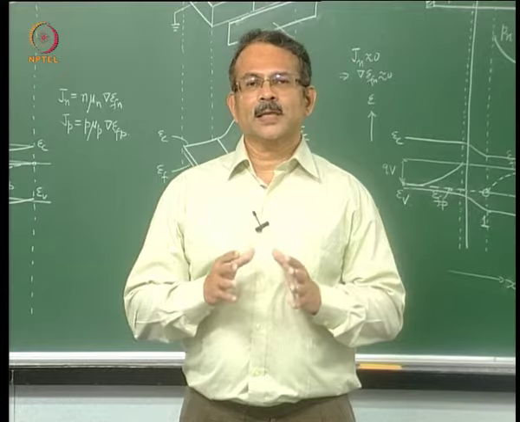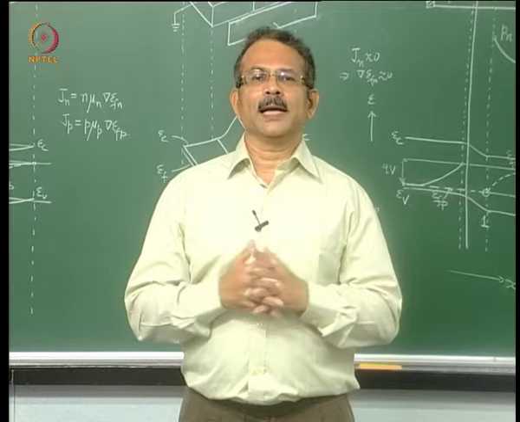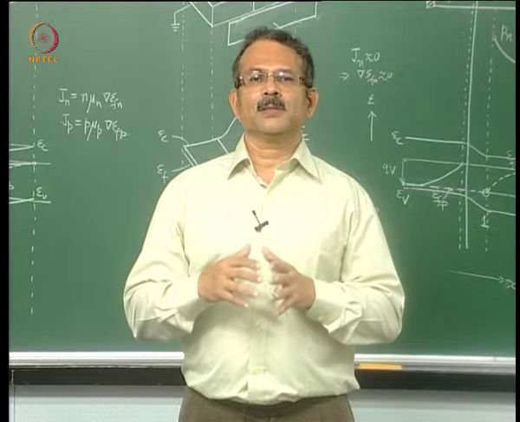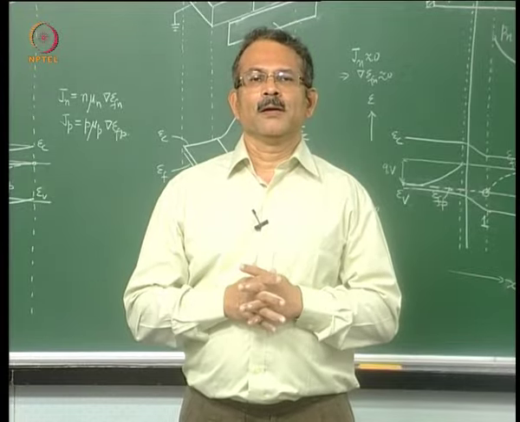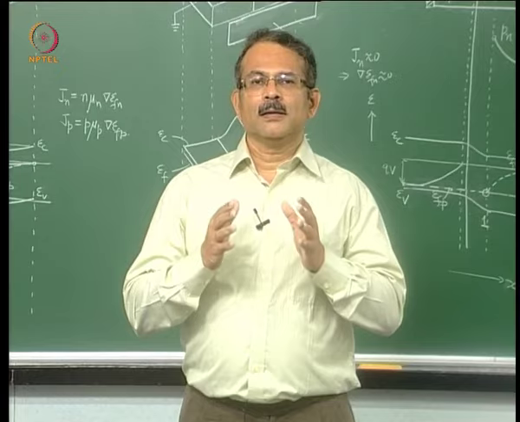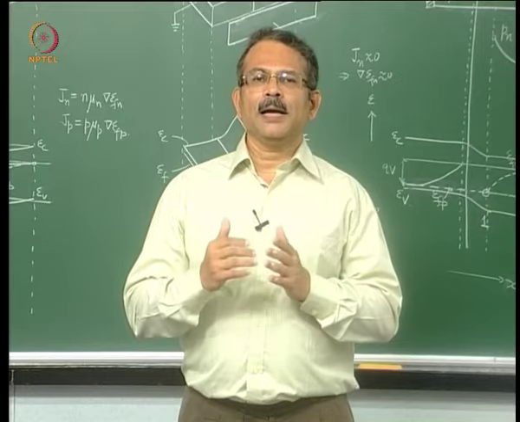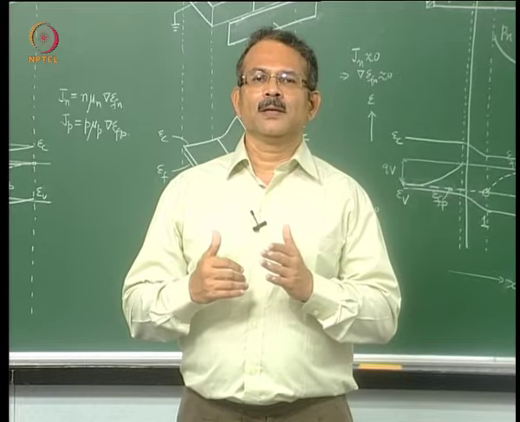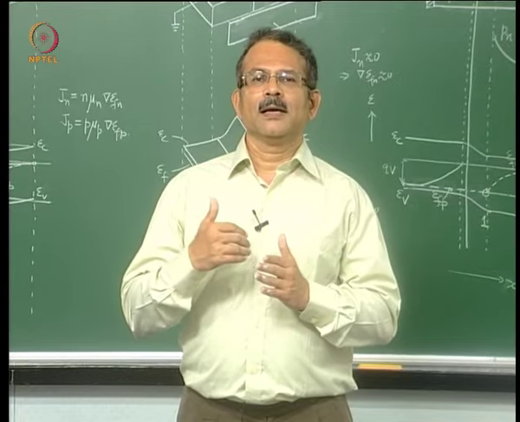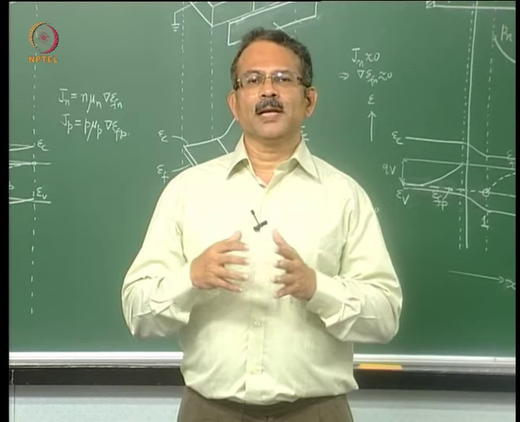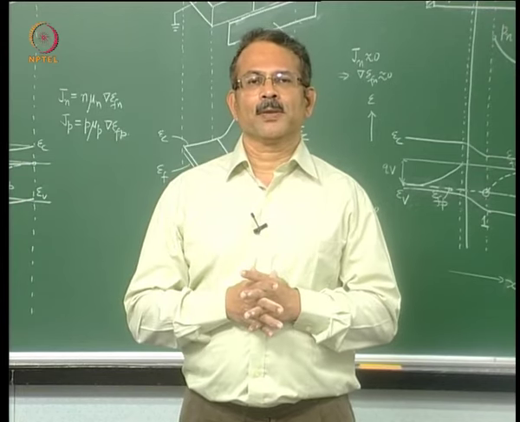Then we discussed how to draw two-dimensional band diagrams, where every energy level becomes a surface. We considered the two-dimensional band diagram of a PN junction under equilibrium and under the application of a gate electrode. Even in the presence of gate electrode, equilibrium conditions prevailed in the PN junction.